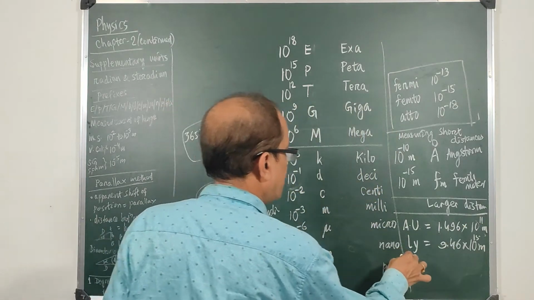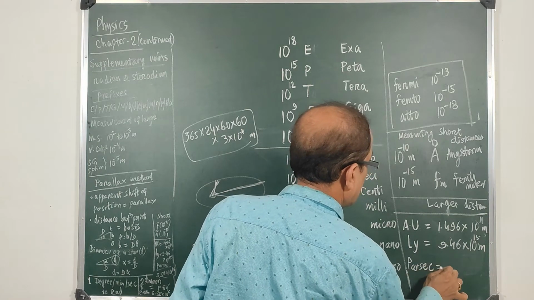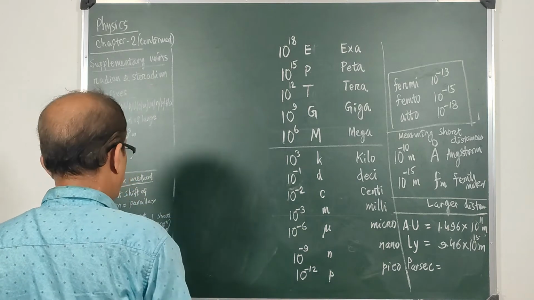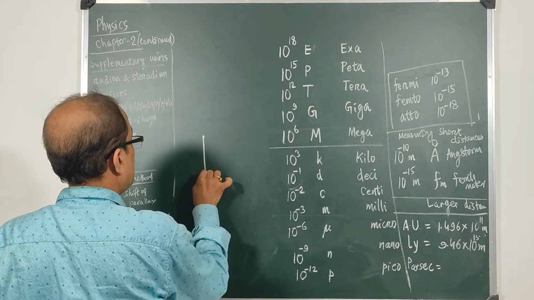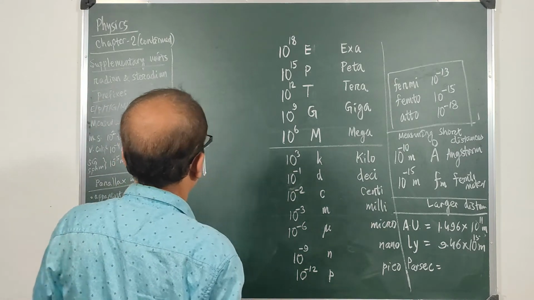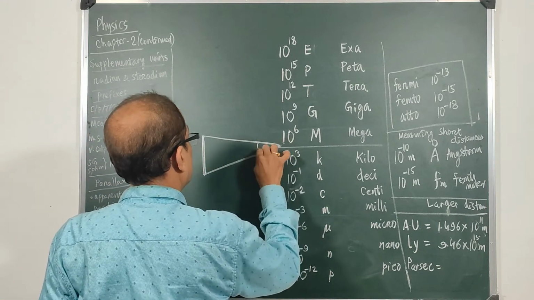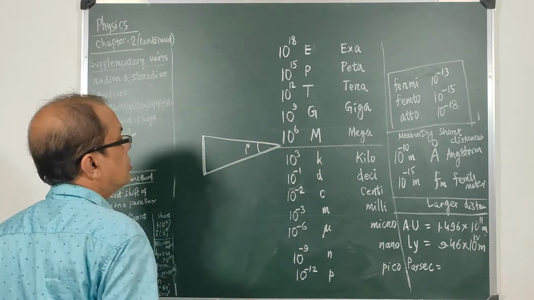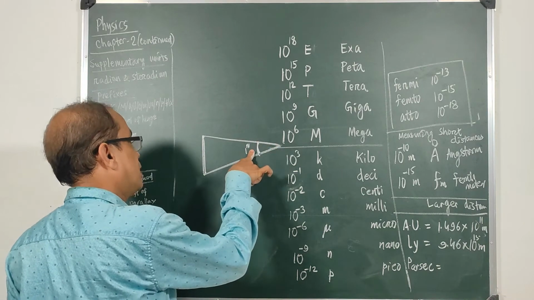And the third type of unit is known as parsec or parallactic second. What is one parsec? When we are taking the mean distance between the earth and sun, this is one astronomical unit here, and a distant star subtends an angle of 1 second of arc.